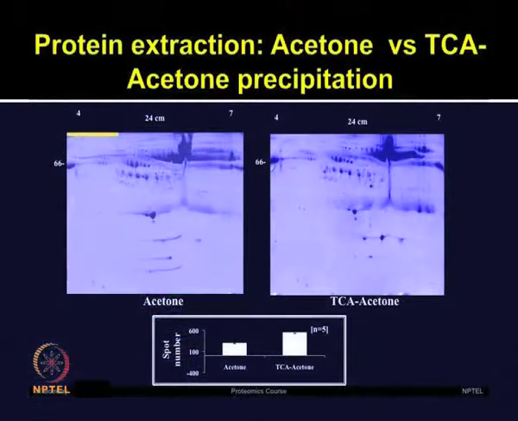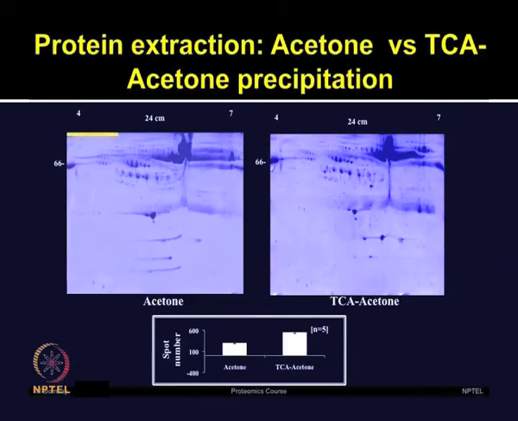So, we used a modified procedure of TCA acetone precipitation, where we used depleted, desalted and sonicated serum. We also compared the effect of acetone alone or TCA acetone precipitation.